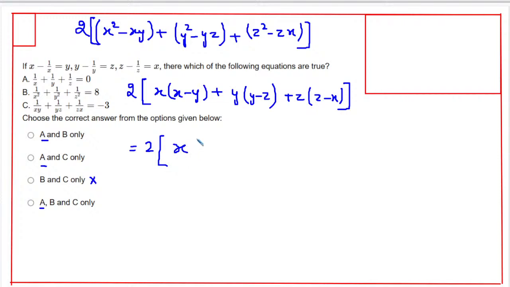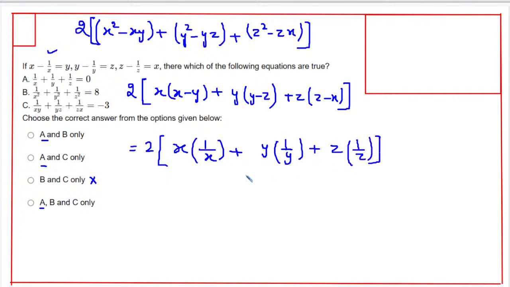What is x into x minus y? x minus y from the first information is 1 by x. That's 1 by y. And that's 1 by z. So everything is getting cancelled out. It is 3. So this is 6. So this is a wrong statement. This is correct. So B is not. B is not. So only A and C.